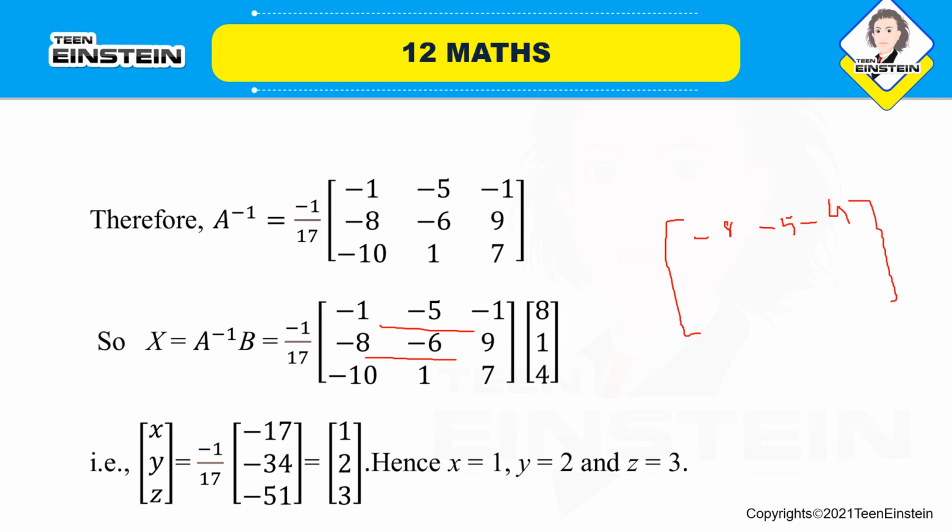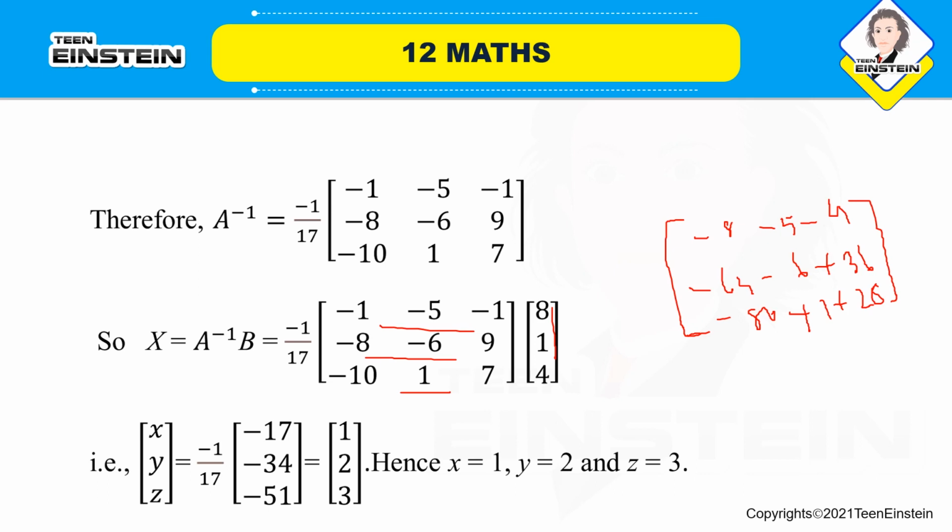Then second row, first column. So minus 64, minus 6, plus 36. Then third row first column, so minus 80 plus 1 plus 28. Now simplify.